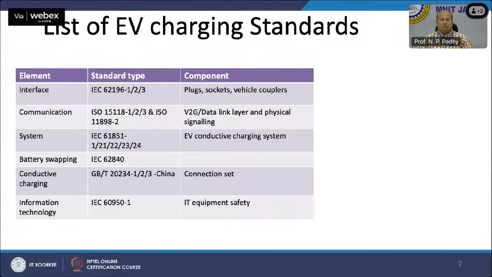Now, coming to an end, to conclude in this lecture, we have learned about the different types of EV charging systems available, different standards for electric vehicle charging, and the architecture followed in India based on different manufacturers across the globe.